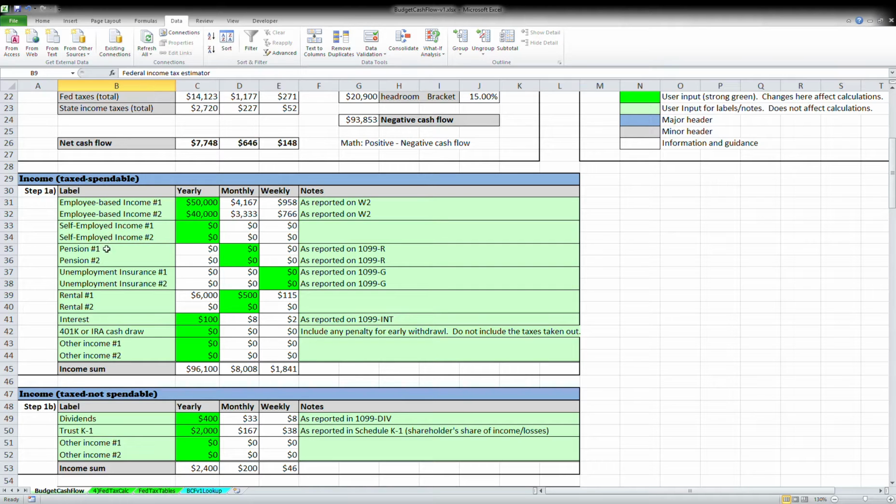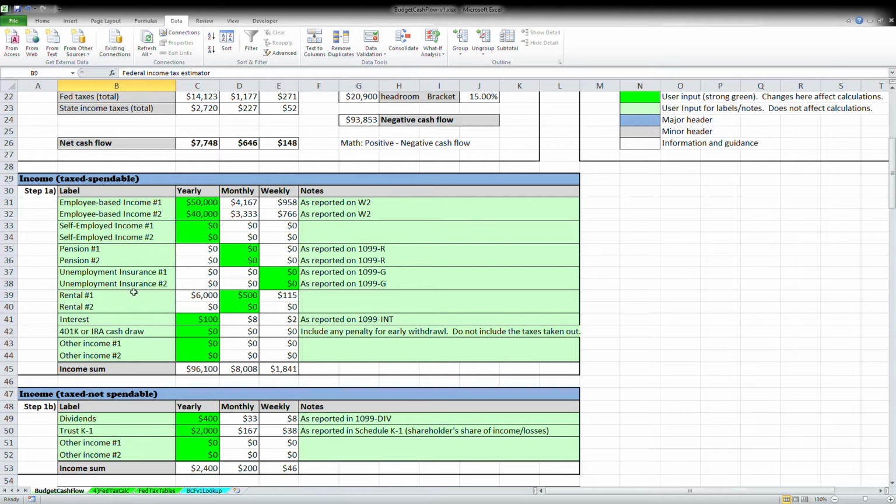So the first section is all your income coming in. Like I said, this is step 1A, which is the taxed and spendable income. Any of your W-2 income will be reported, self-employment, if you have pension money coming in, unemployment insurance coming in, if you have rental profits coming in, any interest from a 1099-INT coming into your household.